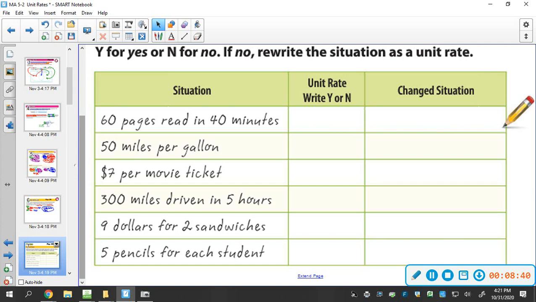It's either going to be a yes, that's a unit rate, or no, that's just a rate. If it's just a rate and you write a no, go ahead and change it to a unit rate. Okay? So take a second, fill in all of that table, and then we will go over.